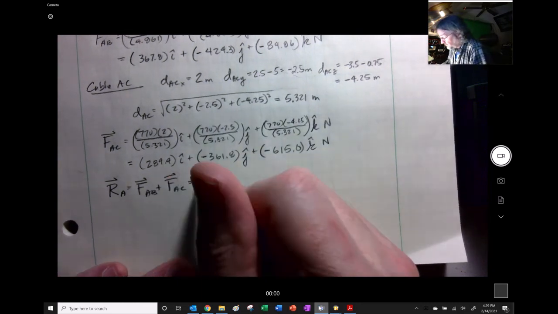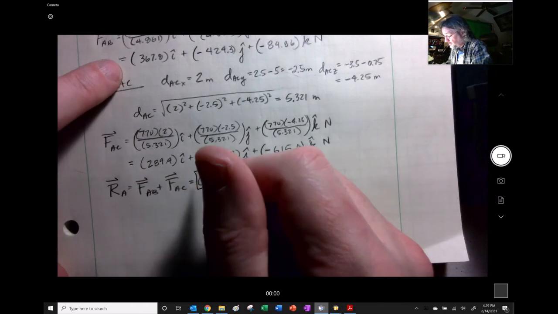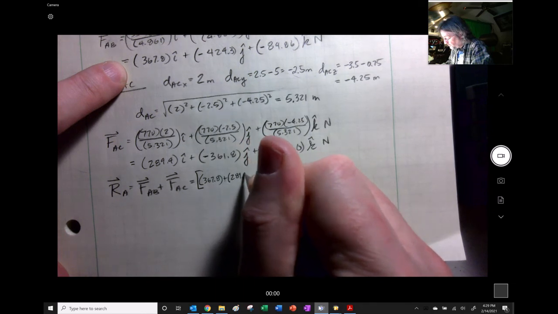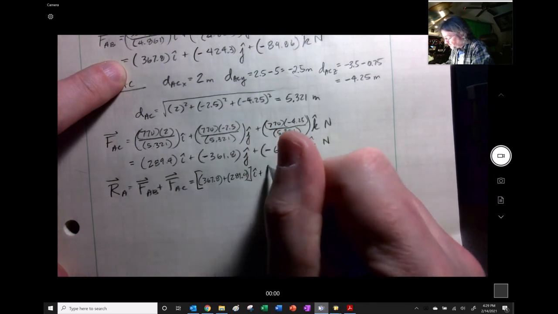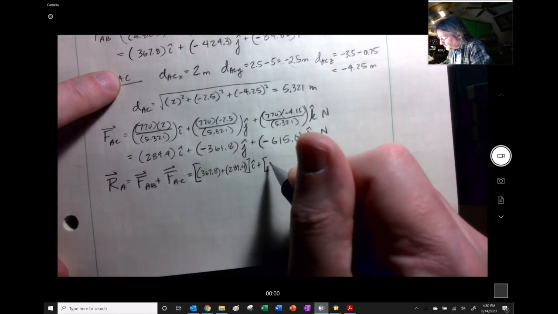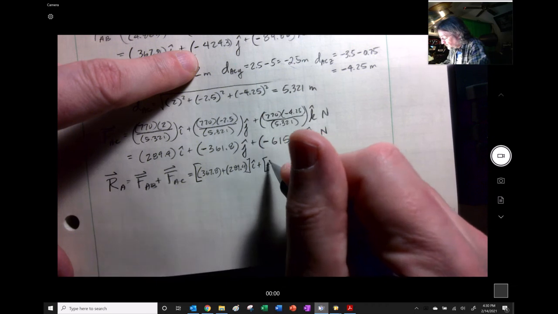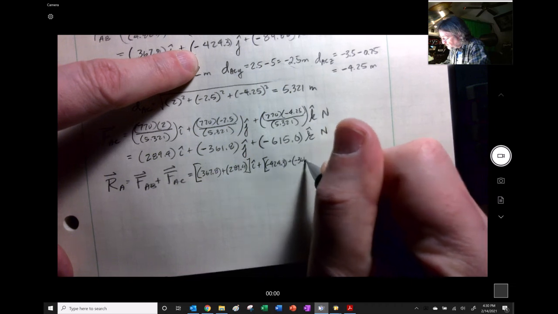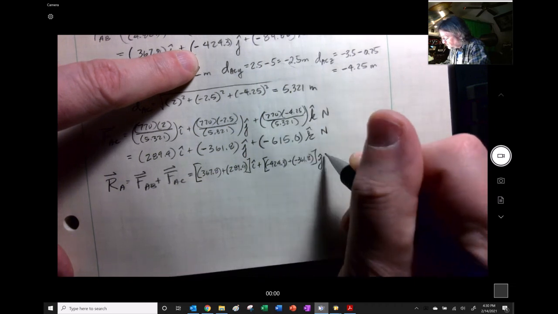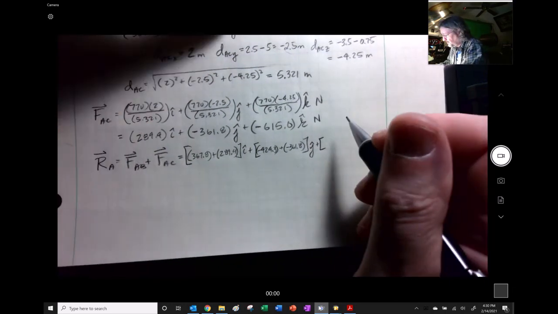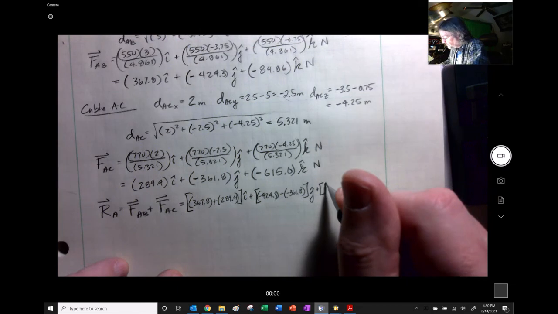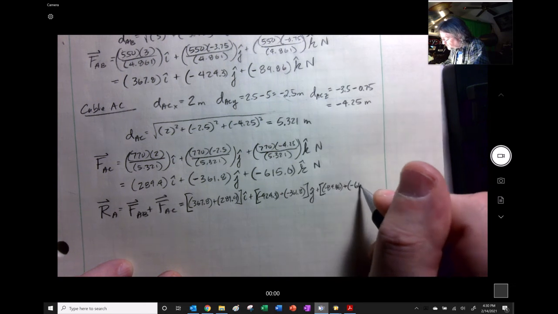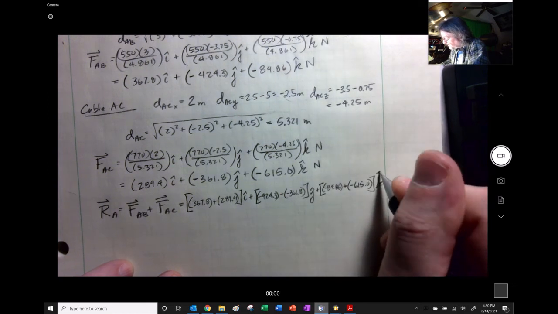And let's see if we left ourselves enough room here. 367.8 plus 289.4 i, plus negative 424.3 plus negative 361.8 j, and then lastly up here negative 84.86 plus a negative 615.0 k.